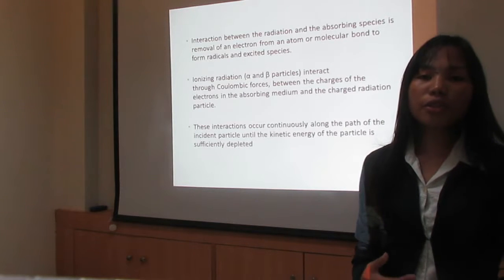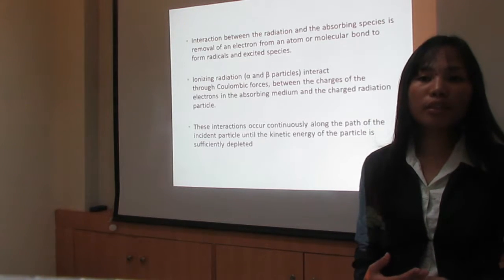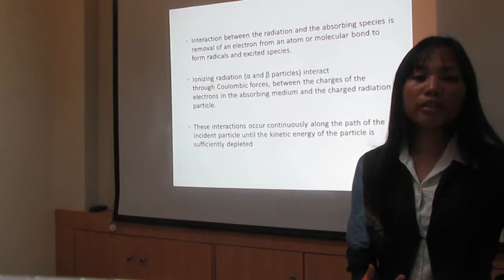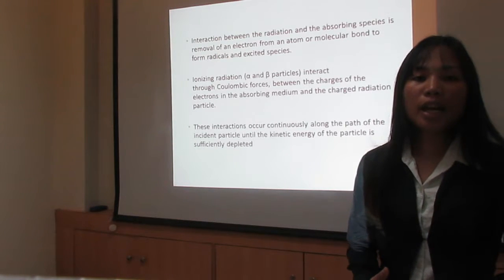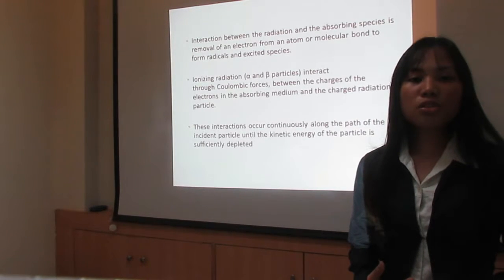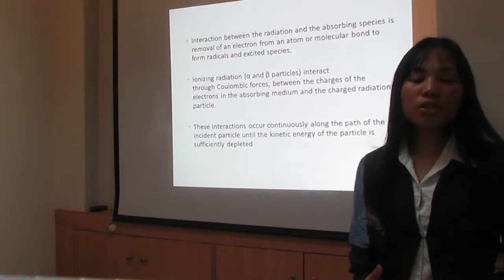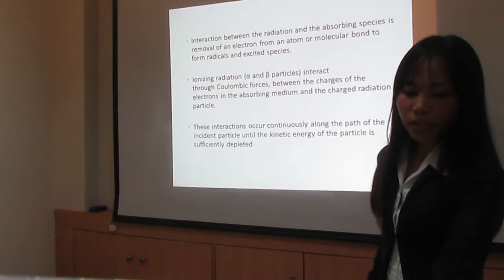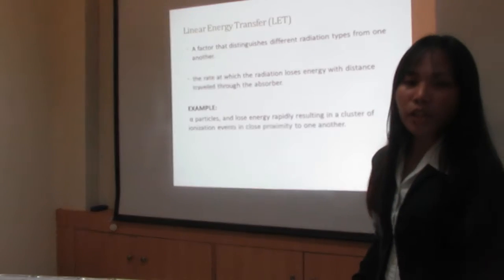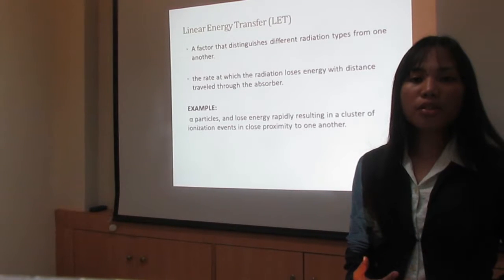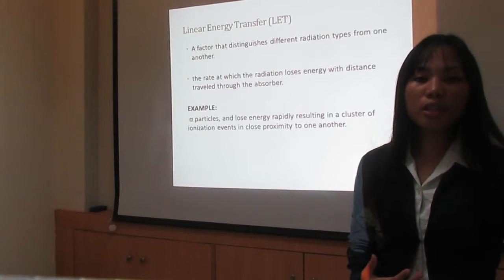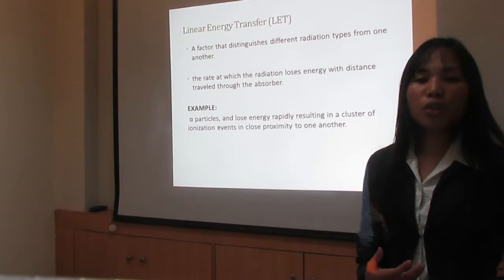This interaction occurs continuously along the path of the incident particle until the kinetic energy of the particle is sufficiently depleted. An important factor that distinguishes different radiation types from one another is the linear energy transfer, or LET, which is the rate at which the radiation loses energy with distance traveled through the absorber.